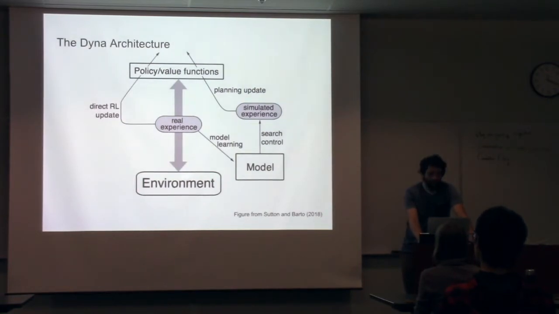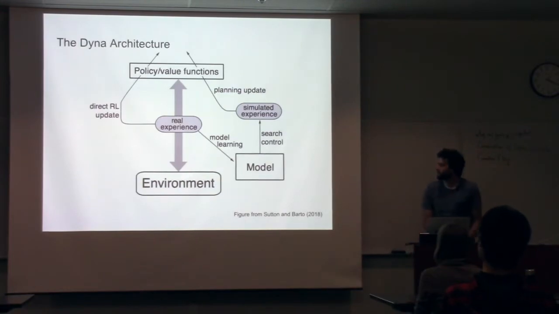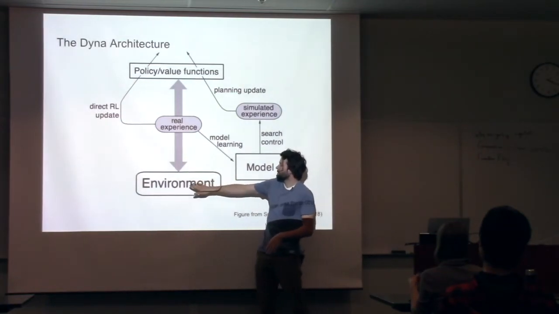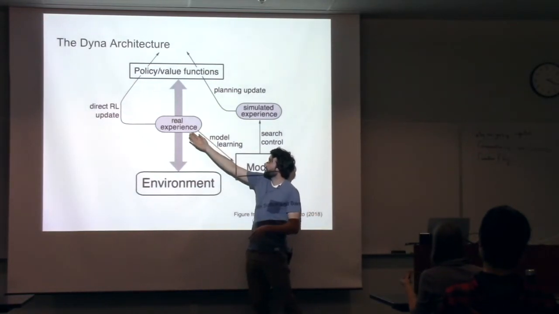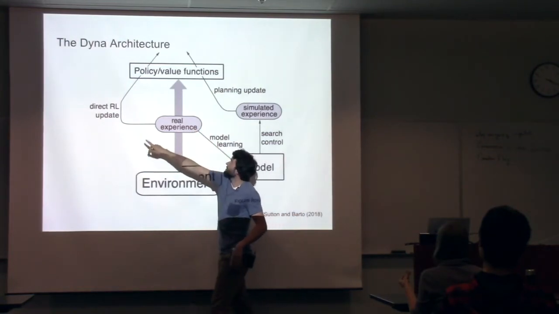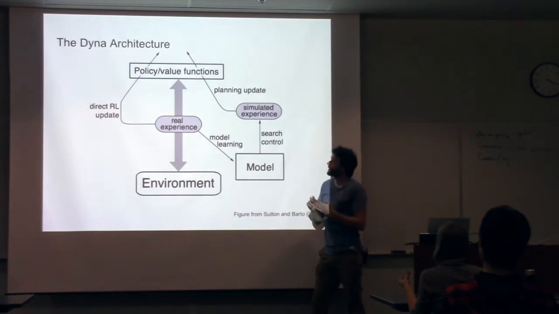A prime example of a model-based architecture is Dyna. This is a figure from Sutton and Barto. You have the normal RL setup where the environment provides real experience for the agent, and the agent uses the real experience to update a policy or value function directly.